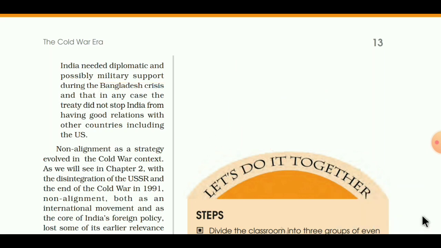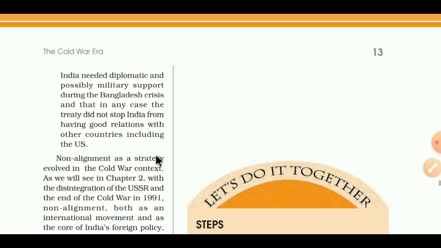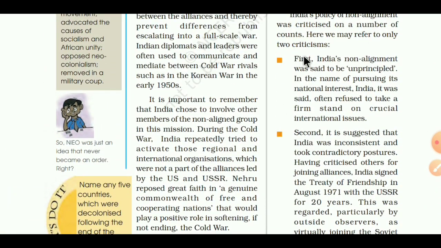Whatever, let us complete the chapter. This way India, and first, one thing I forgot to tell you: India's non-alignment movement was said to be unprincipled. Many say that India is not principled in its alignment, because they knew India can form an organization with anyone, in the name of pursuing its national interest.